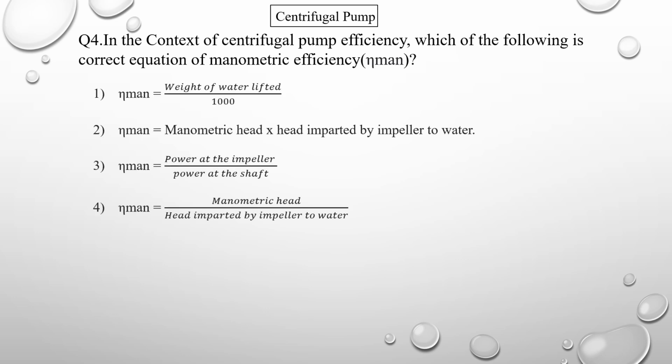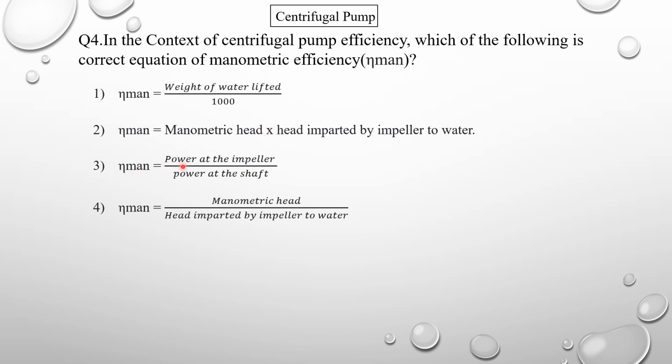From the options, first, weight of water lifted divided by 1000. No, this is not the formula. Then second, manometric head into head imparted by impeller to water. No, if this multiplication is replaced with division, then this option is correct. But because of this multiplication, this option is wrong.